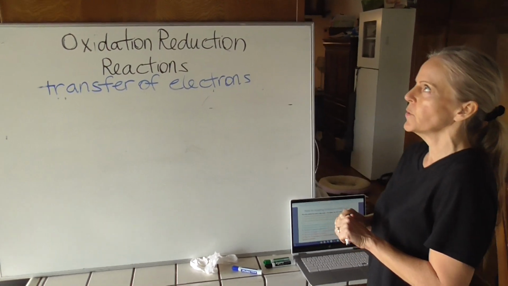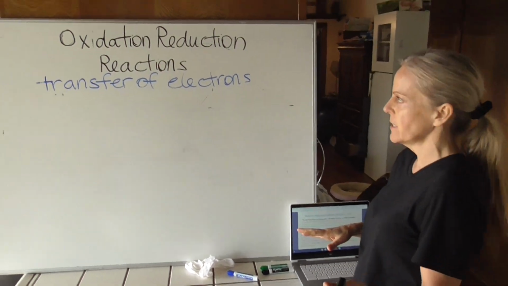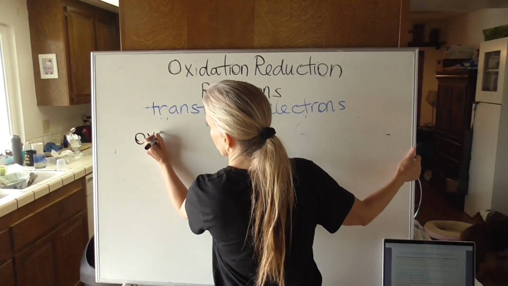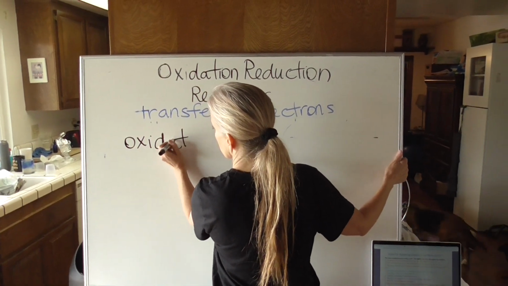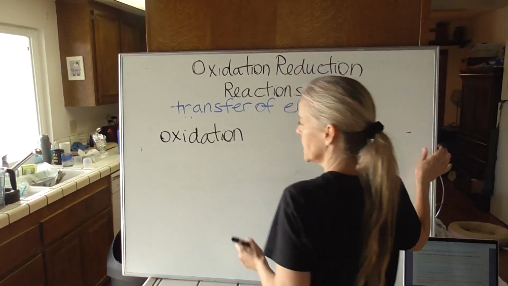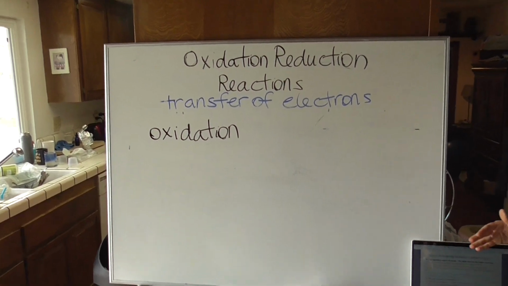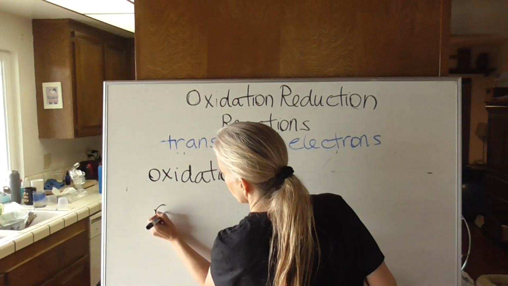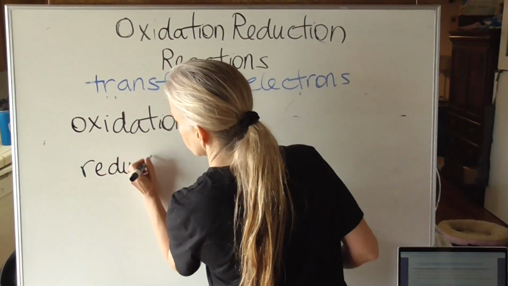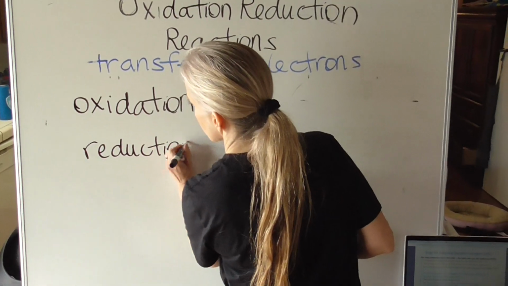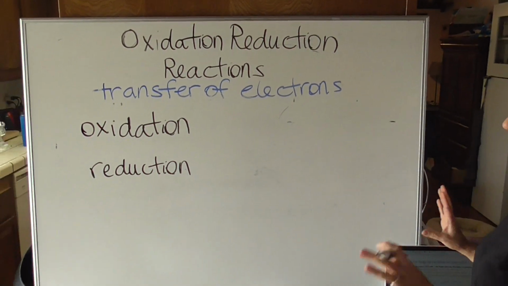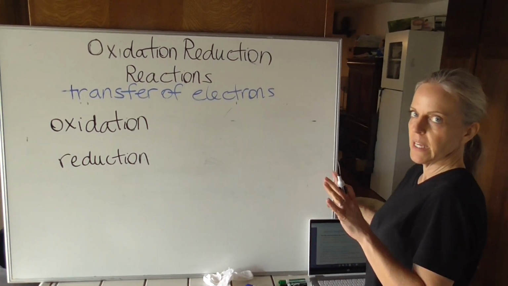So let's do some vocabulary first. The first word is oxidation. This was put on that pre-quiz because this is essential for the wording of all these problems. So one atom has to gain electrons, one has to lose.